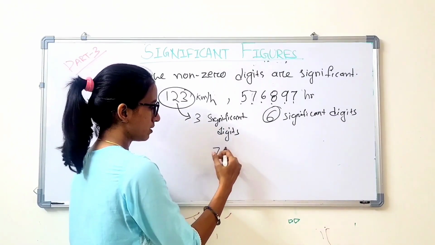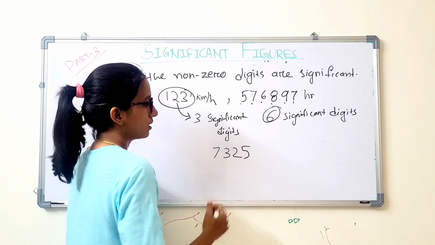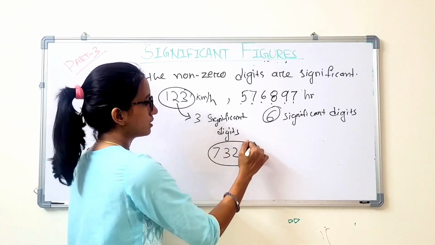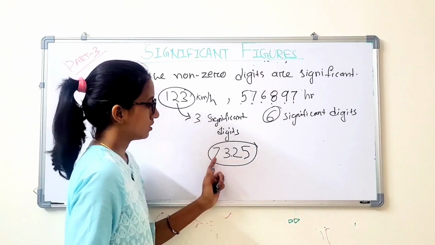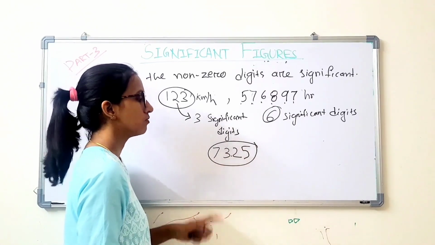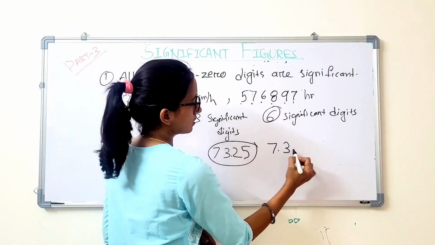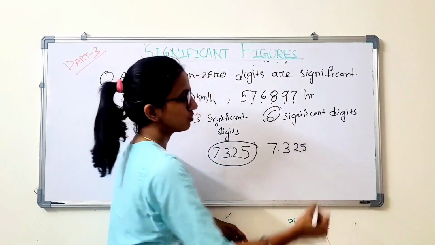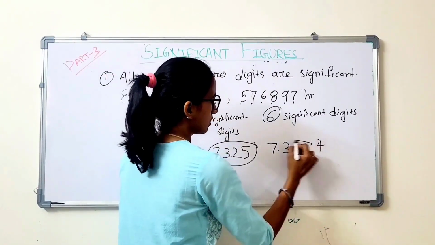If we have 7325, then this is 4 significant digits in this measurement. If we put a decimal here also, we get the same 4 significant digits. If I mention it as 7.325 also, I will get the same 4 significant digits.